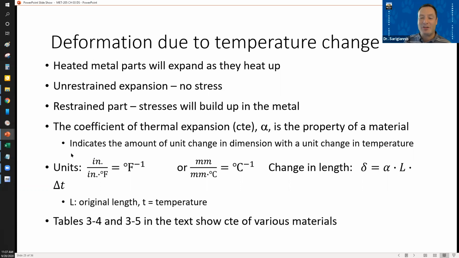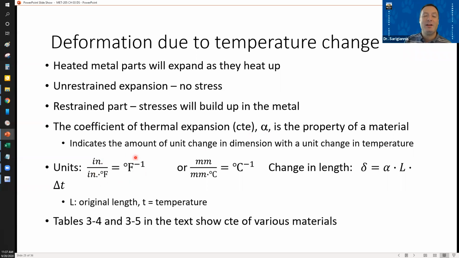Coefficient of thermal expansion or change in length is fairly straightforward. Here it is. Coefficient of thermal expansion, right? This is a property of the material. This is basically how much the material changes in dimensions per unit change in temperature. And you've got to be careful.